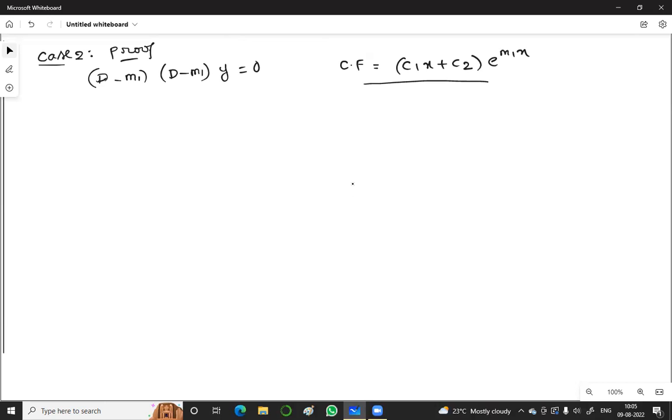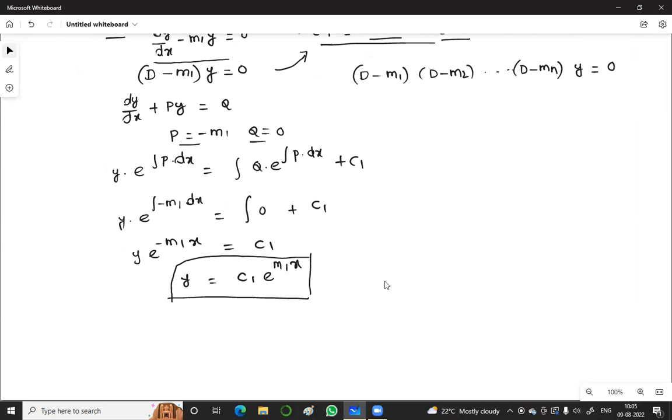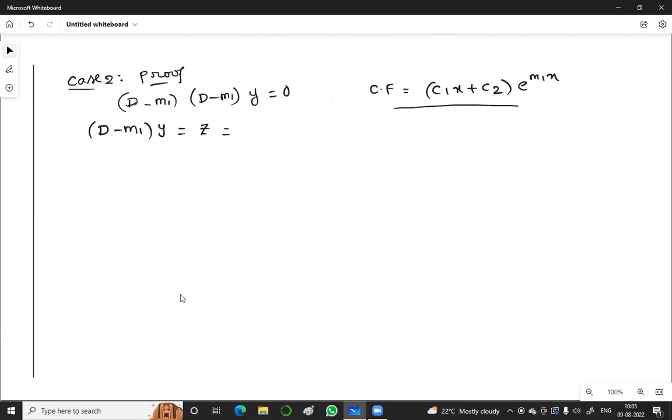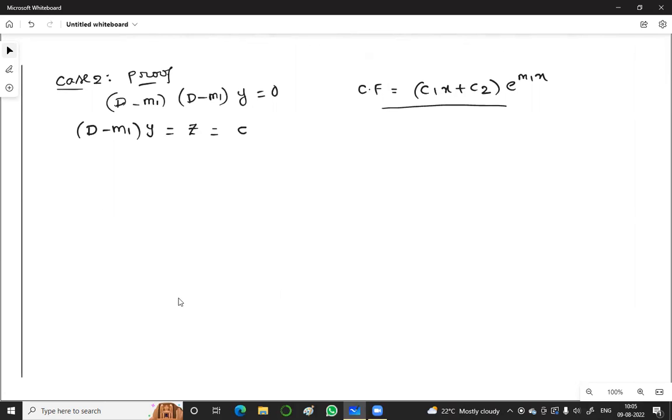We have already seen d minus m1 operating on y. What is the solution we got? Let us say z. That solution, already seen in the beginning case, is C1 into e to the power m1x. So d operating on y, that is dy over dx minus m1 into y, is equal to C1 into e to the power m1x.